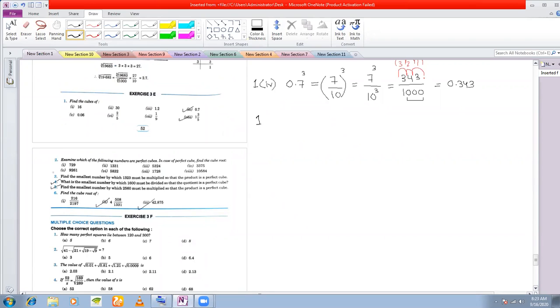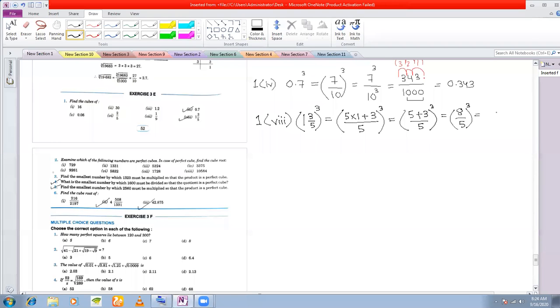Next question is 1 part 8. You need to cube 1 3 by 5. You need to find the cube of this. This is a mixed fraction. Convert it to an improper fraction first. So you have 5 into 1 plus 3 in the numerator divided by 5 whole cube, which is 5 plus 3 by 5 whole cube, which is 8 by 5 whole cube.